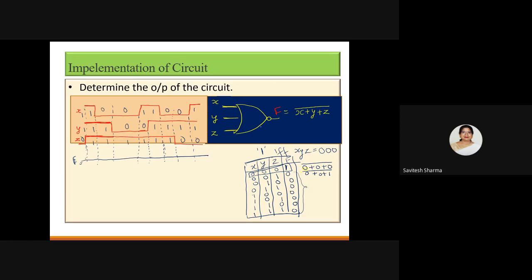Now in another question, suppose you have a NAND gate and you give the same input to this NAND gate. What will be the output?